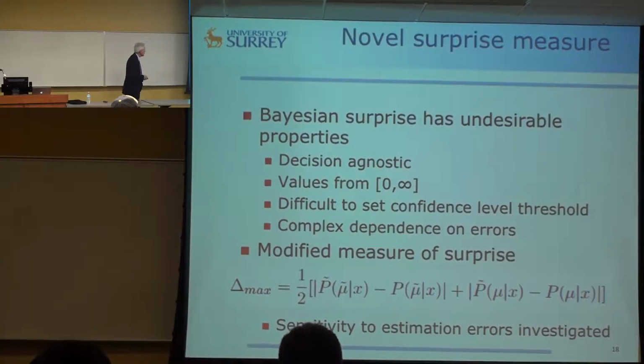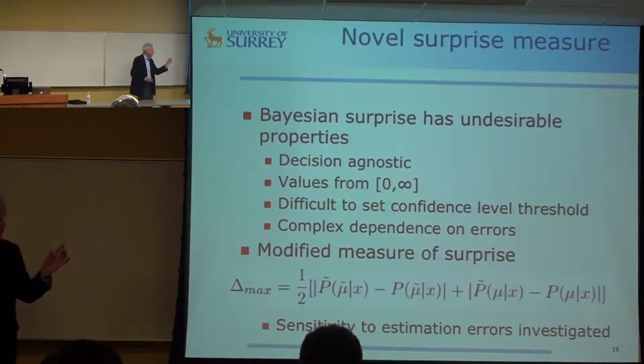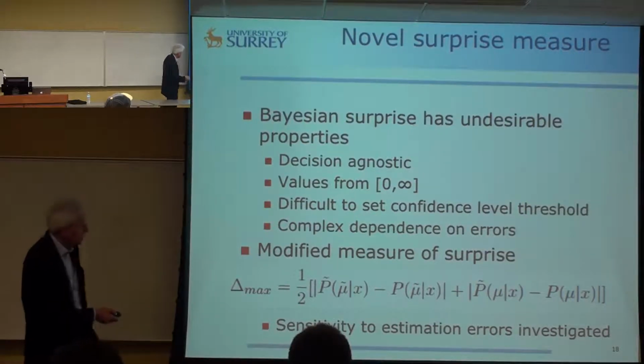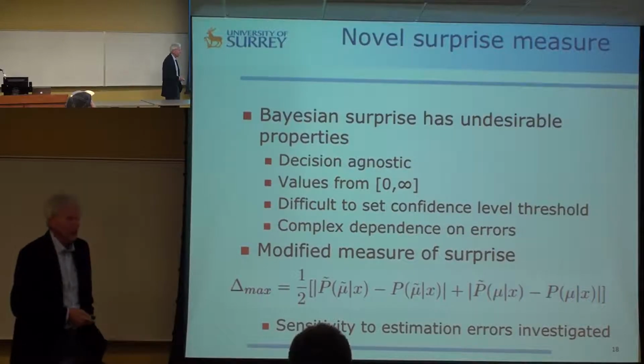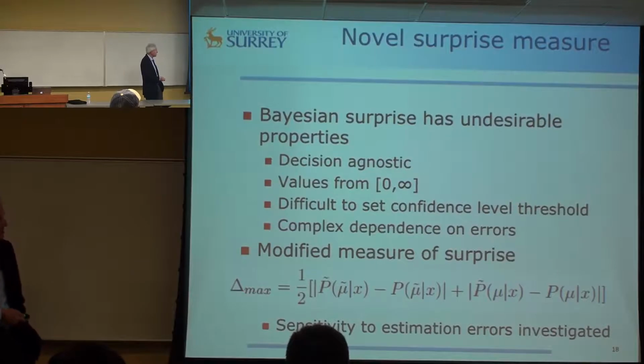So we developed a much simpler measure of surprise, which just identifies the dominant hypothesis supported by the two different classifiers, and measures the difference in a posteriori probabilities for those two. But this assumes that your a posteriori probabilities are estimated correctly. Normally they will be subject to some estimation errors.